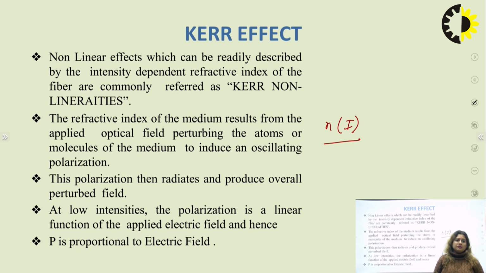The refractive index of the medium results from the applied optical field perturbing the atoms or molecules of the medium to induce an oscillating polarization. This polarization then radiates and produces the overall perturbed field. At low intensity, the polarization is a linear function of the applied electric field, and hence P is proportional to the electric field.